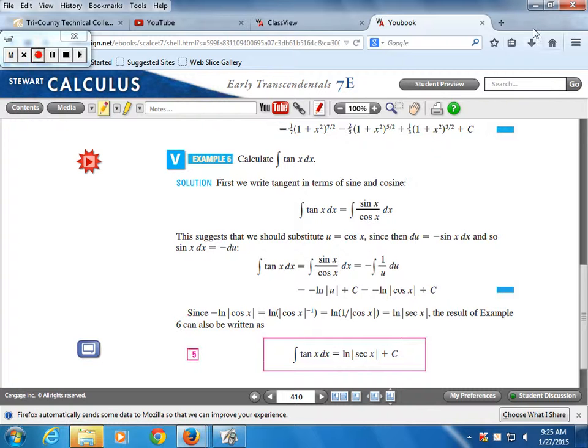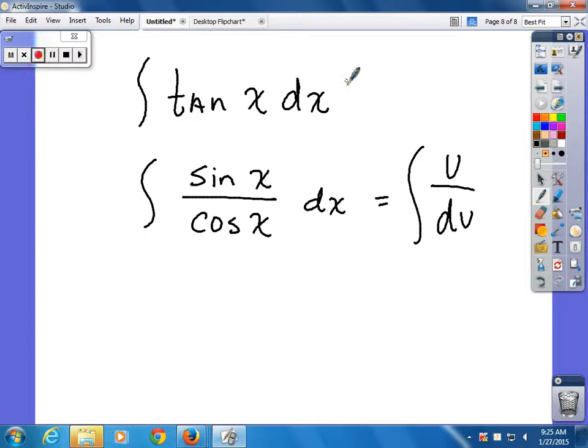The du over u. So you could rewrite this as the natural log, but if u is equal to cosine, what's the derivative of cosine?